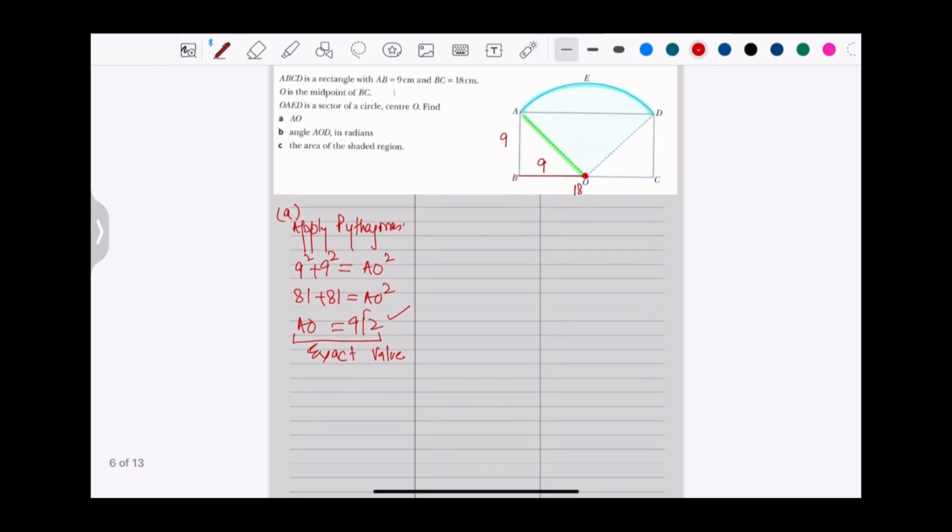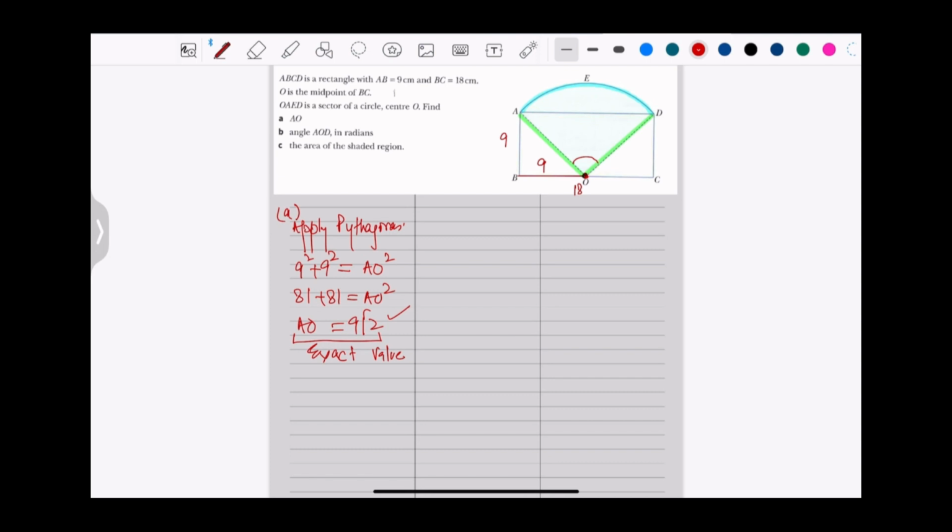Now, angle AOD. Tracing angle AOD, it is this angle here. There are many ways to solve this.